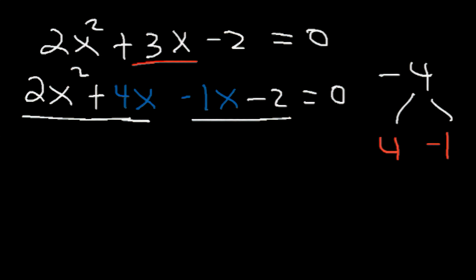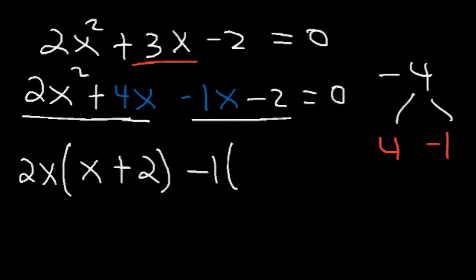In the first two terms, we can take out a 2x. 2x squared divided by 2x is x, and 4x divided by 2x is 2. In the last two terms, let's take out a negative 1. Negative 1x divided by negative 1 is simply positive x. And negative 2 divided by negative 1 is positive 2.